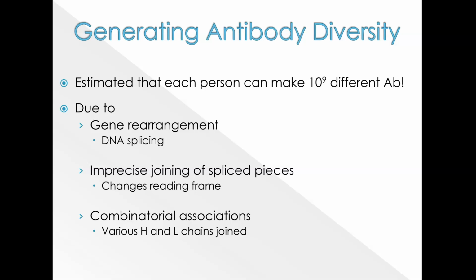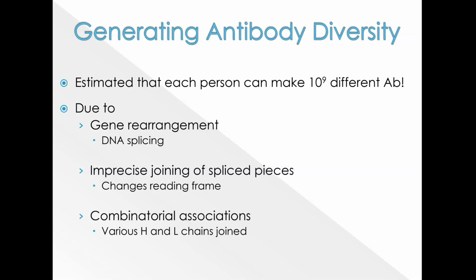But here's the thing. Remember that an antibody is a protein, and proteins are encoded by genes. And humans have about, I don't know what the latest refined study says, but we have about 25,000 genes.